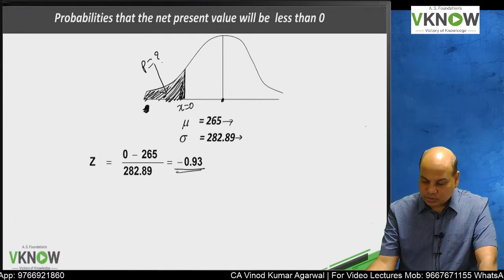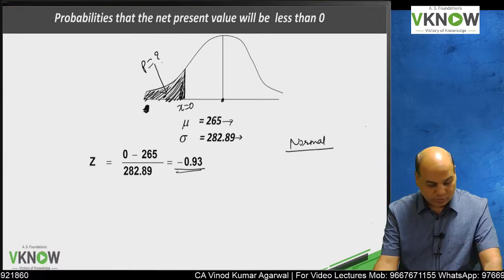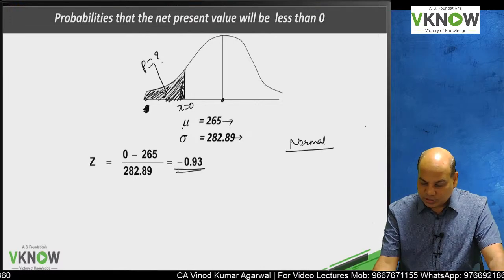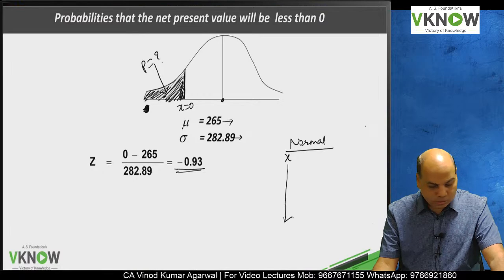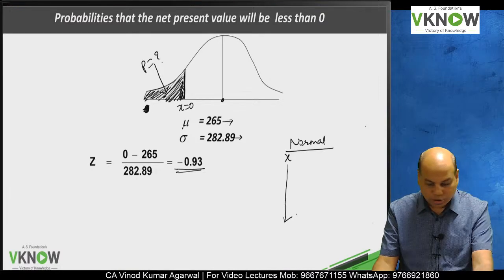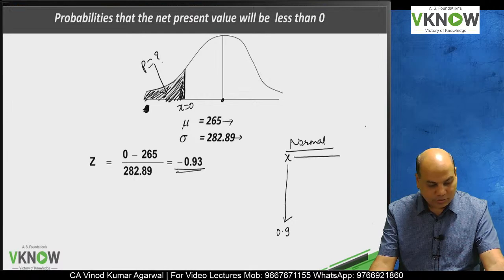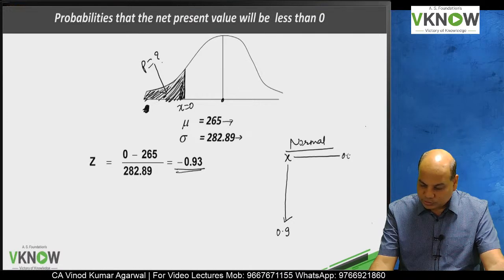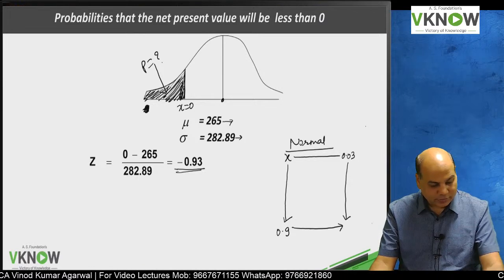Let us go to the normal table in your book, towards the end of the book. In the normal table, this column X is there. Come to 0.9 and then come to 0.03 here. Find the value for 0.93.